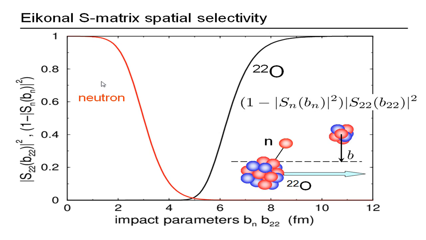So given this information, you can see that there's going to be a geometrical selectivity here. In order that the neutron is removed but oxygen-22 survives, we're going to have configurations that look something like this, where the neutron gets close to the target, enters the region of small impact parameters and gets absorbed, whereas the core stays far at some significantly large impact parameter from the target and so gets by unmolested.